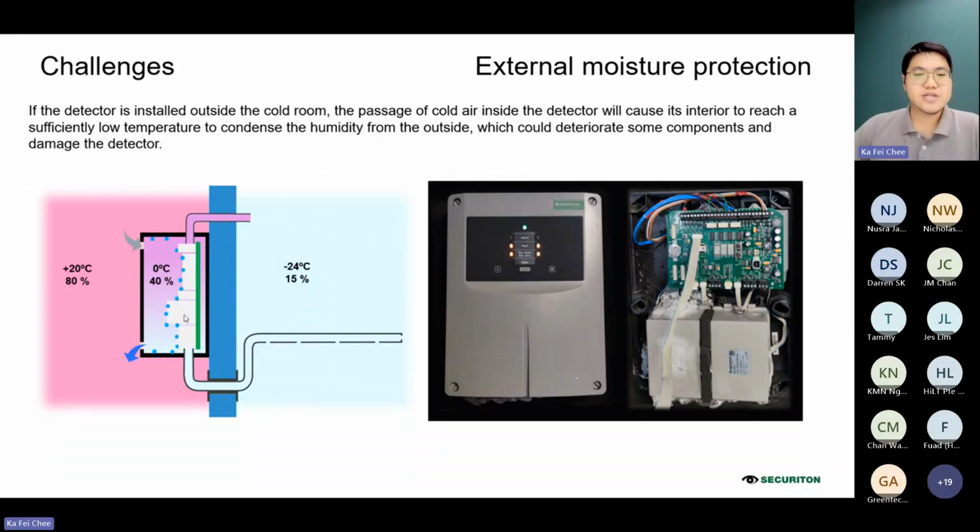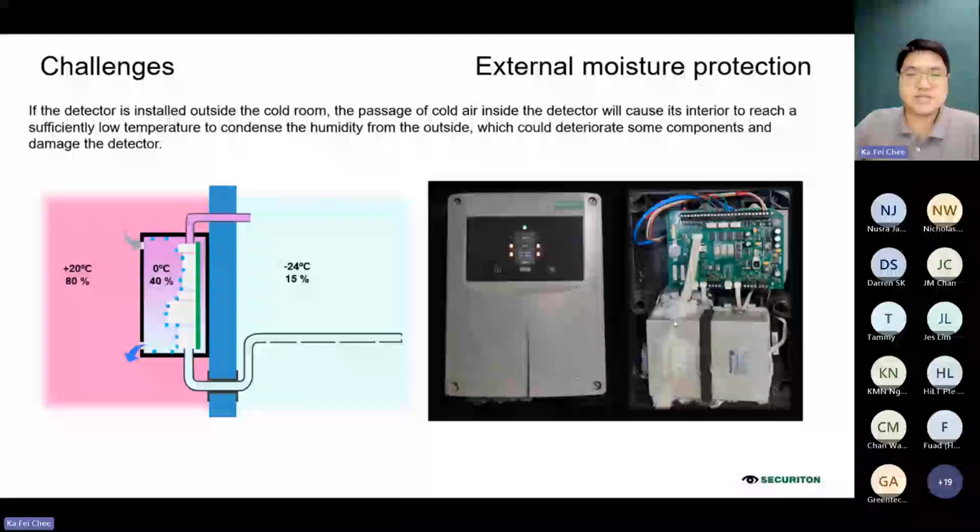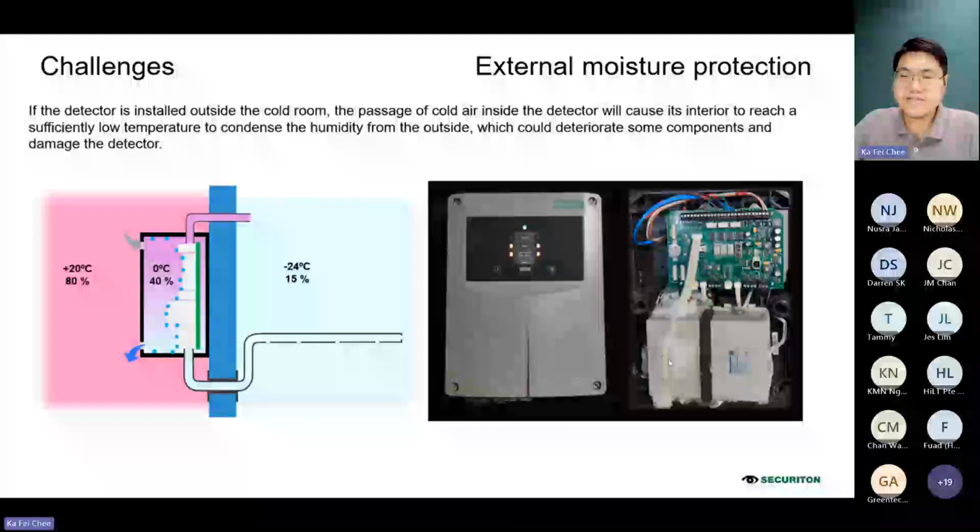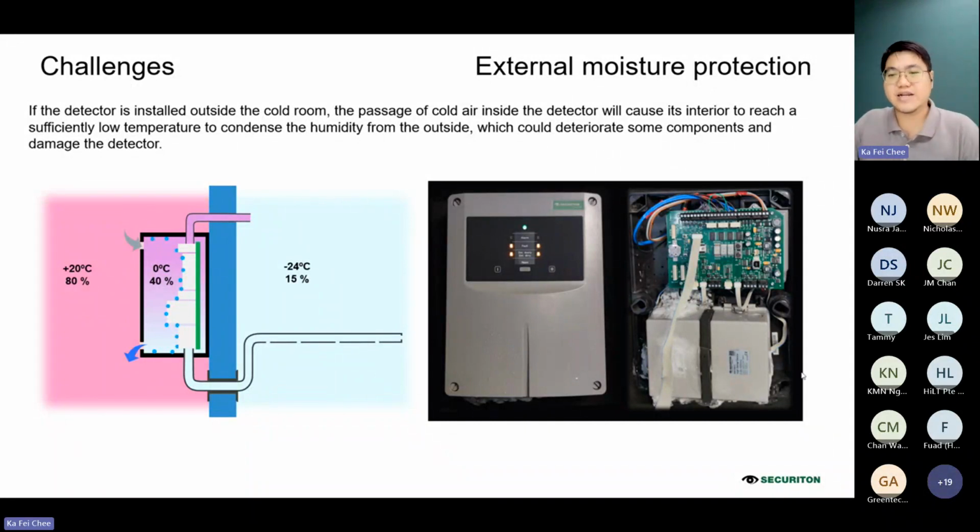So in those areas where cold air and hot air meet, definitely there will be condensation and also ice formation. This is one example if you plan to install them outside the cold storage: a thin sheet of ice will form near the component. So in the long run, it will damage the electronic component.